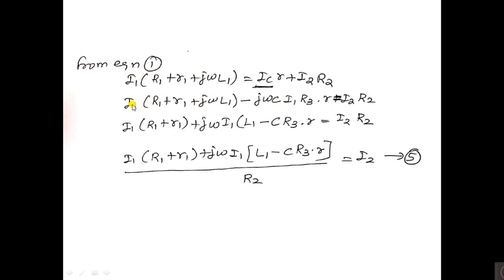Because if I multiply this I1 here and here also I1 is there, so that I can take j omega I1 as common term. So L1 minus CR3 into R, that is equal to I2 R2. From this I can calculate I2.